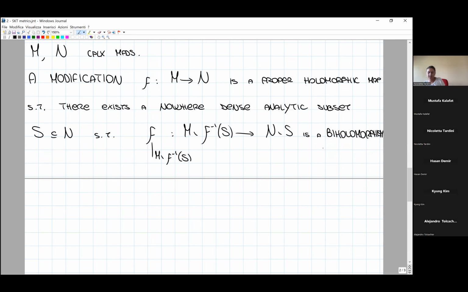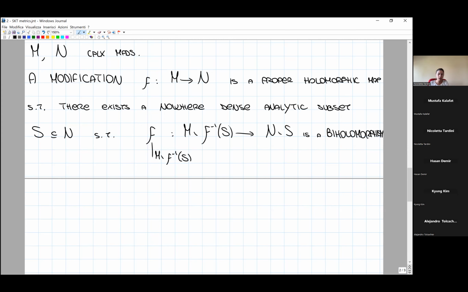If you're familiar with the construction of a blow-up on complex manifolds, blow-ups are particular examples of modifications. A blow-up in a point means that we replace this point with the exceptional divisor that is a complex projective space. But outside of this exceptional set, you have a biholomorphism.